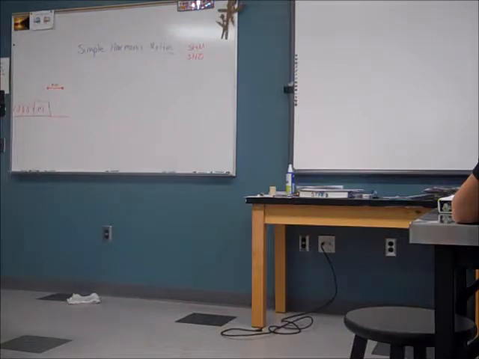Now, here's a question for you. Is the force from the spring always this way? What else could it be? This way, right? If I go past the point where the spring is in equilibrium position and I compress now, the spring will push against the mass going the other way.